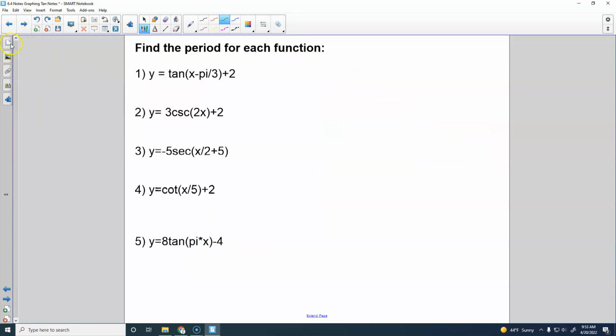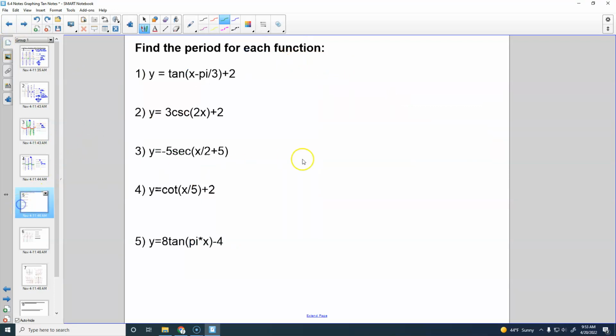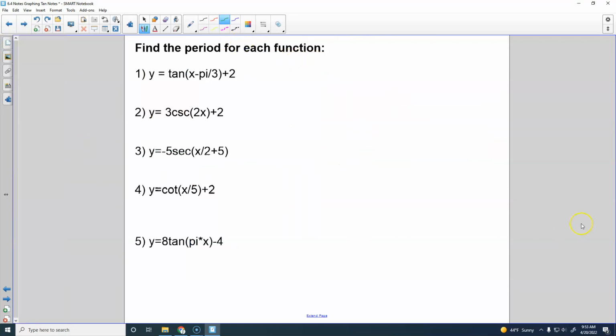One of the big things that you're going to be asked is to find the period for these functions. So, here is the big thing. For sine, cosine, secant, or cosecant, the period is going to be 2 pi over b.